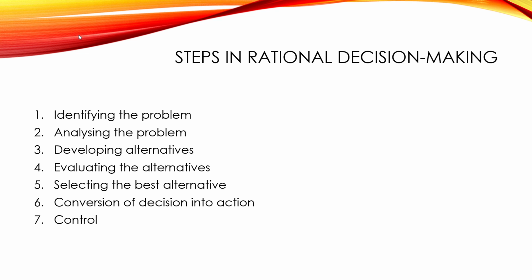Now we can study the steps. First one is identifying the problem. Second one, analyzing the problem. Then comes developing alternatives, evaluating the alternatives, selecting the best alternative, conversion of decision into action, and control. Identifying the problem means recognizing the problem.